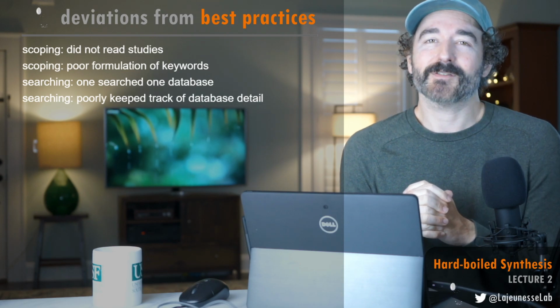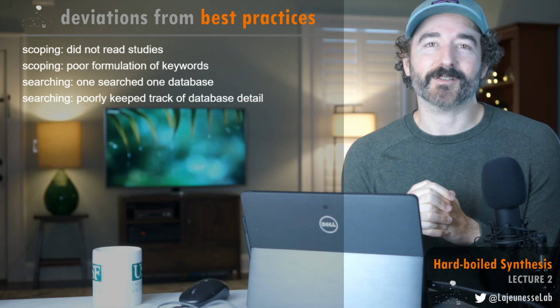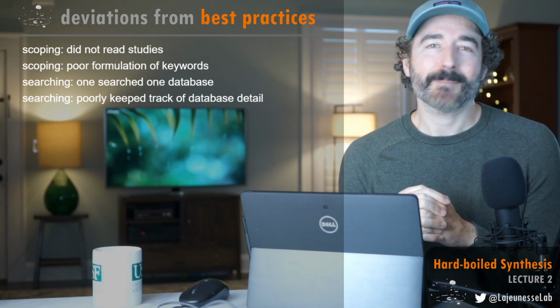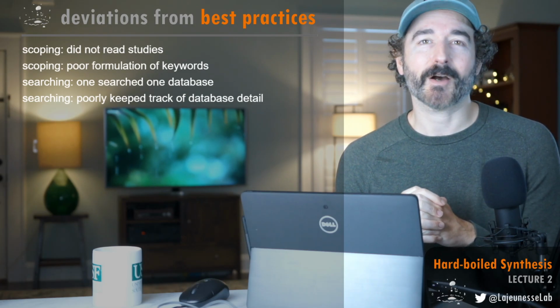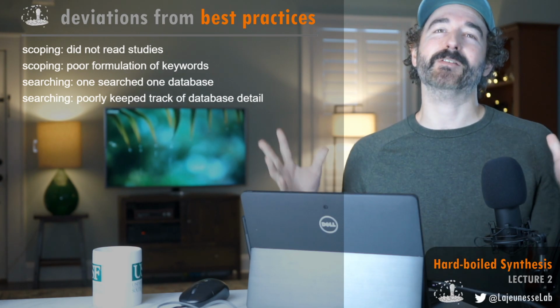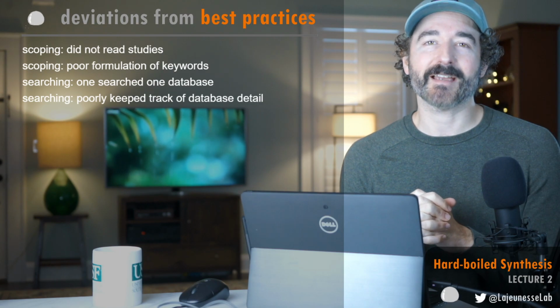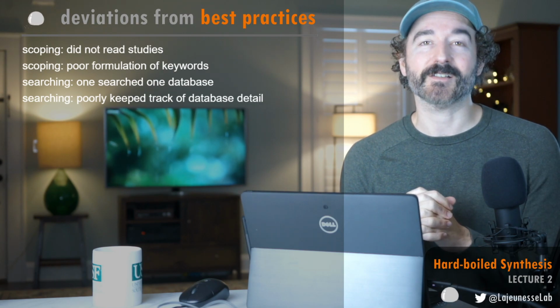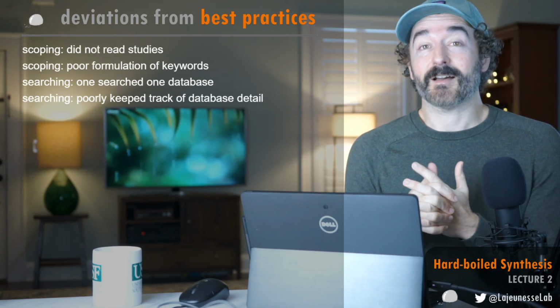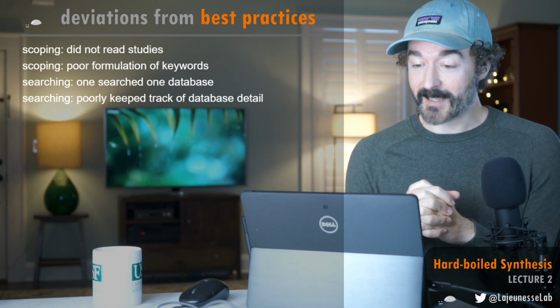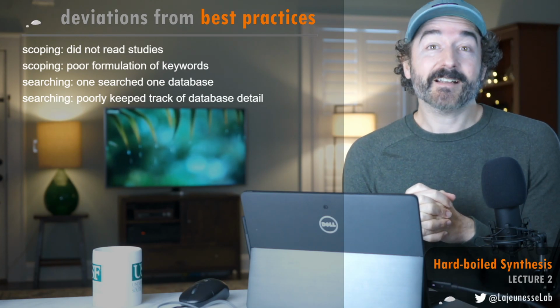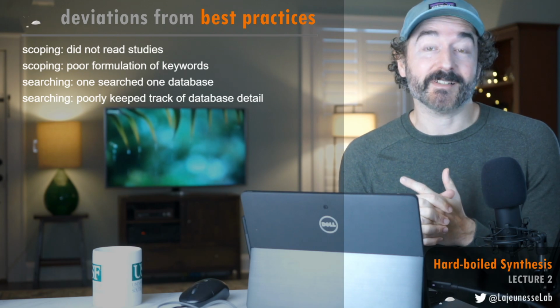I mean, if you're, say, for example, a graduate student and you're doing a dissertation chapter, man, read up on the topic a lot before you even begin doing the synthesis. You'll have a way better idea of what are the proper things that you should be searching for when you're doing one of these meta-analyses. Also, I kind of did a poor job formulating keywords.